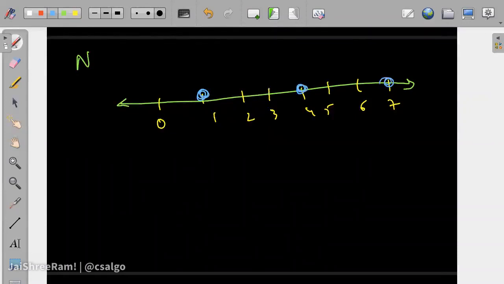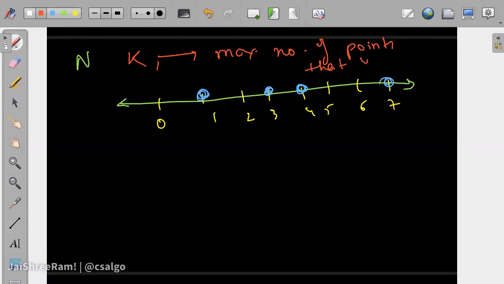And you are given a value k, which is the max number of points that you can insert. So you can insert at max k points anywhere in the number line as well.